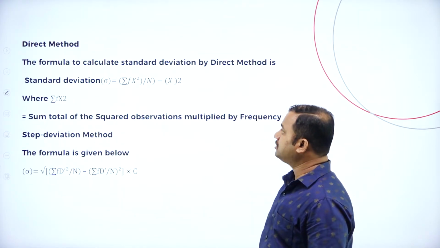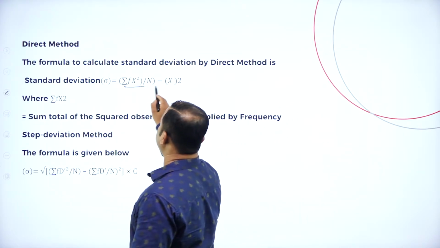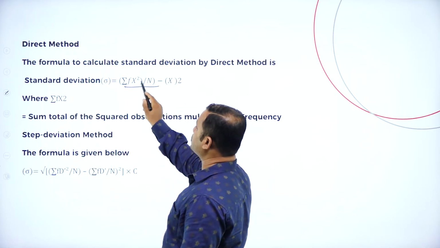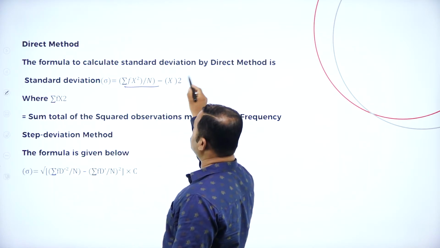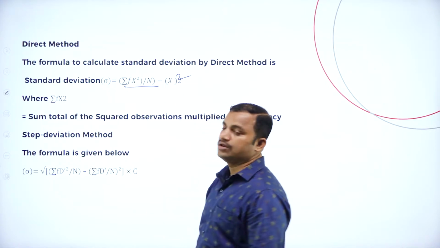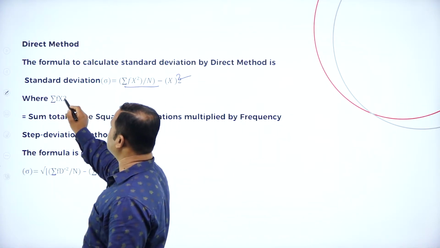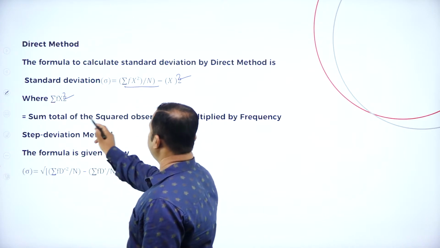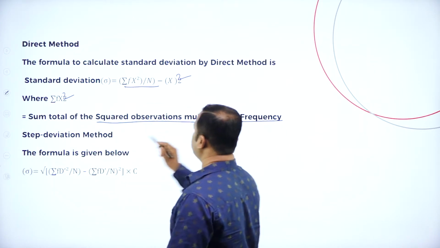So for the direct method, we have this formula: the square root of summation f into x square by n minus x whole square, where summation fx square is equal to the sum of the squared observations multiplied by frequency.